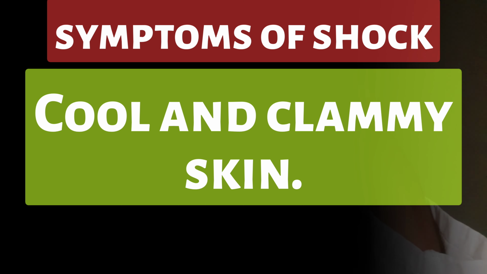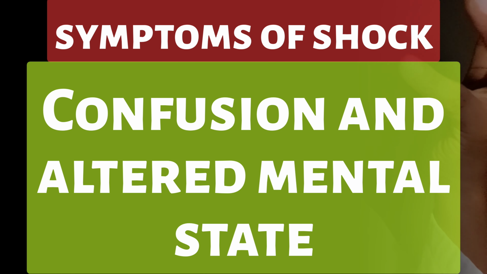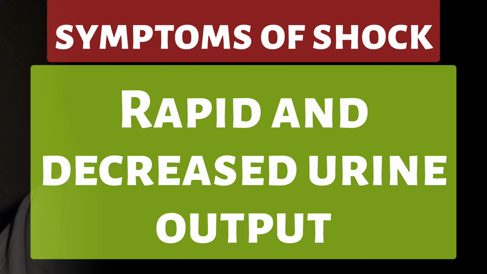So cool, clammy skin. And then you have the next one, confused, altered mental state. Obviously, if your brain is not supplied by enough blood, you're going to look confused, with an altered mental state. This person does not remember things. They're just confused, yeah?